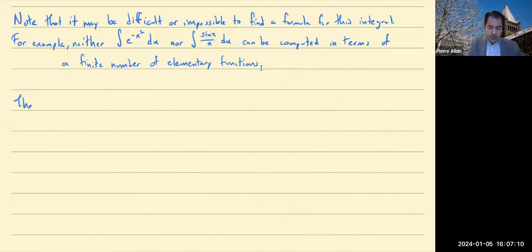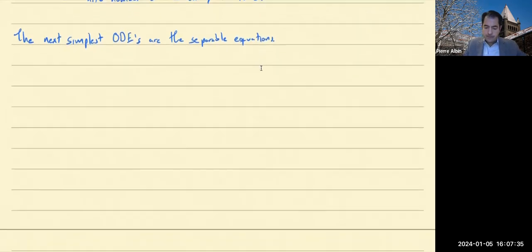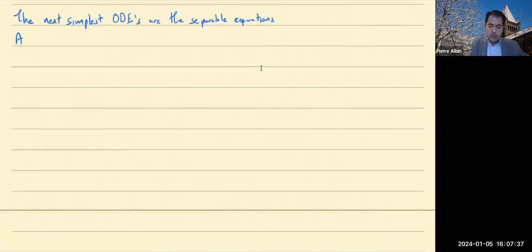Okay, the next simplest ODEs are the separable ones.